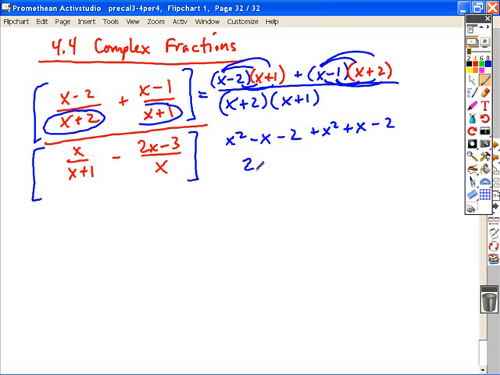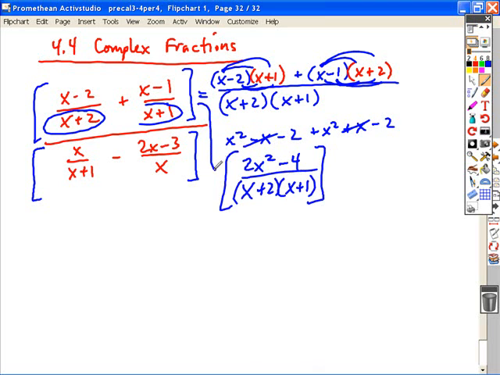I have 2x squared. My x's cancel, and I have a minus 4. So here is my numerator. It's all over x plus 2 times x plus 1. So what I've done right here is I've rewritten this numerator into a single fraction.